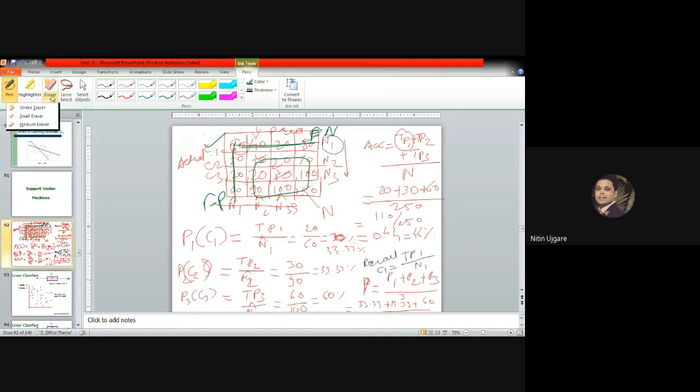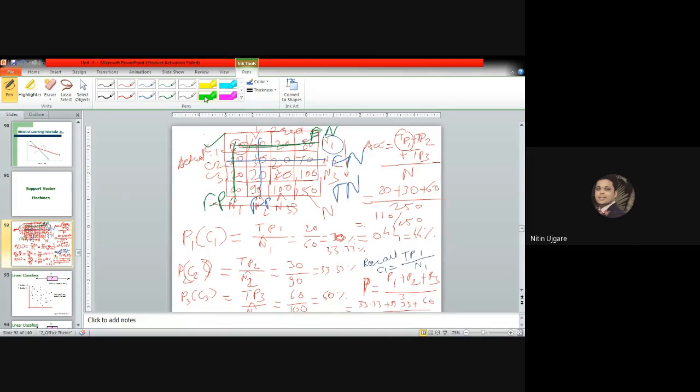The same way, for this second class, for this TP2, this gives me the false positive for the second class, and this row total will give me the false negative. And apart from this second row and second column, the rest of the values will be considered true negative for class 2.